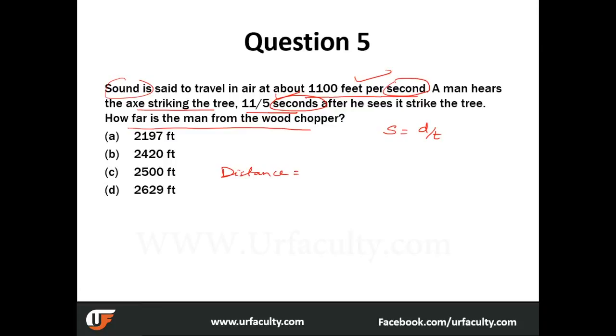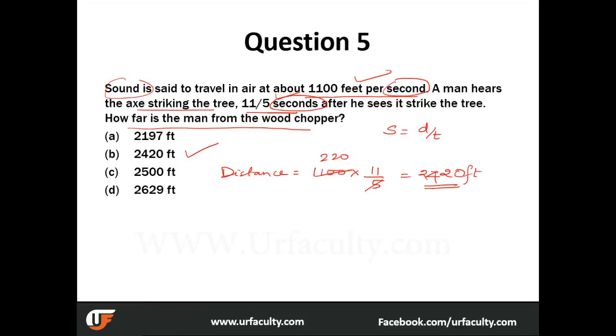So what is the speed? Speed is 1100 and time is 11 by 5, right? So what do you get as the answer? 11 twos are 22, 11 twos are 22, 24. 2420 feet. That's your answer.